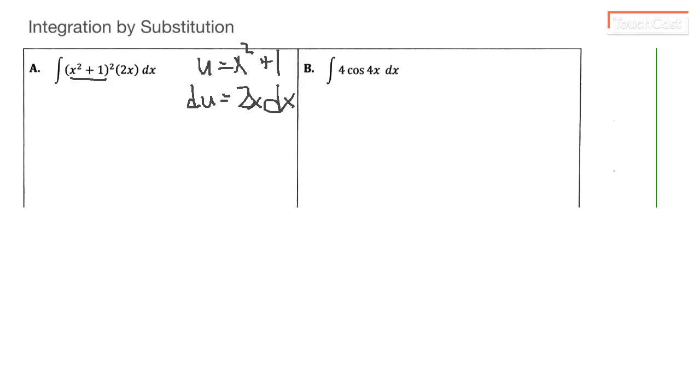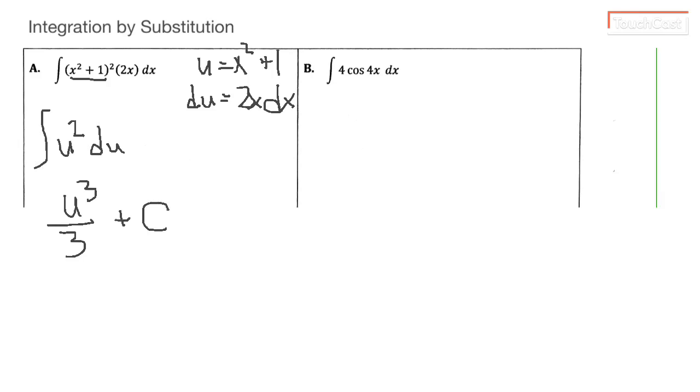So now I'm going to just replace parts of the problem. So we're going to be taking the integral of u squared du. And that's a lot easier to find the integral of. We're going to increase the power of u by 1. So we're going to go u to the third, divide that by 3, and then we have to add c to it.